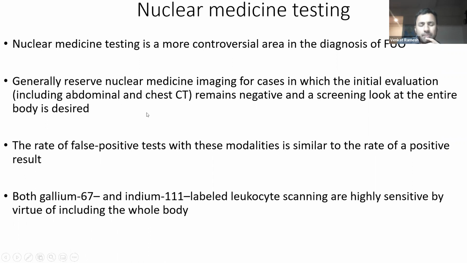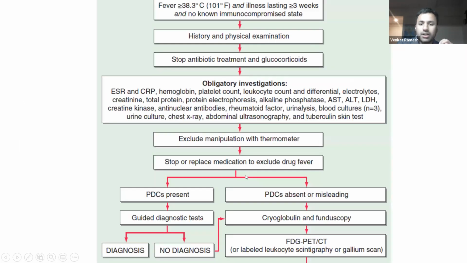But the traditional teaching is that nuclear medicine imaging is reserved for cases in which the initial evaluation remains negative and a screening look at the entire body is desired. And gallium-67 and indium-111 labeled leukocyte scanning, both of which we do not use, are highly sensitive by virtue of including the whole body.